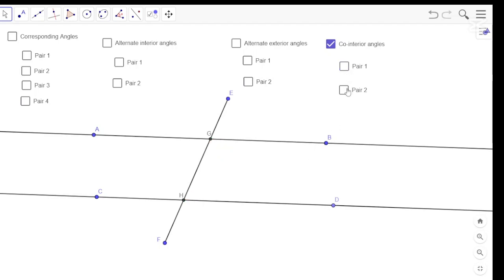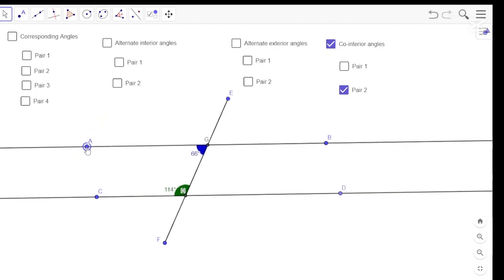Also, let's look at the second pair. We see that angle AGH plus angle CHG is also given as 180 degrees. So we have 111 degrees plus 69 degrees, which is 180 degrees.